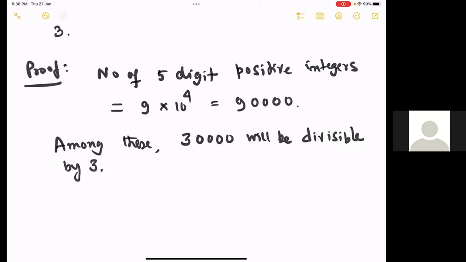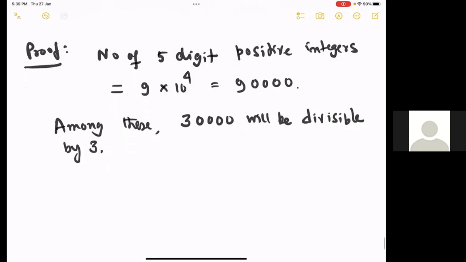Now we want to intersect. I think Apratim got it. Yes, it is 12504, right? Yes. So in these numbers, I want to intersect it with the things that contain 9. Okay, so let us count.